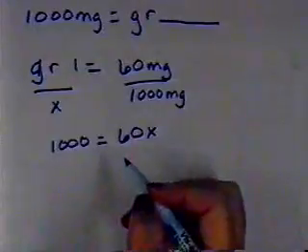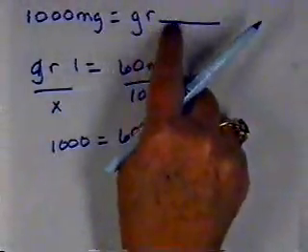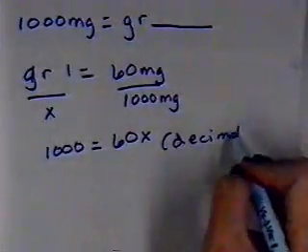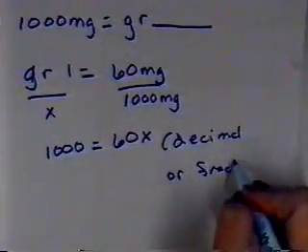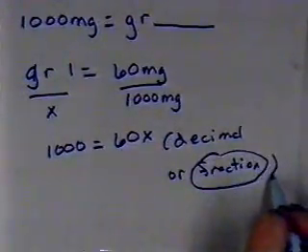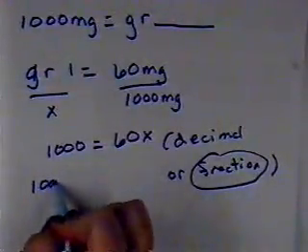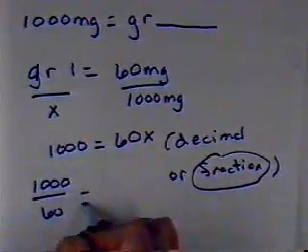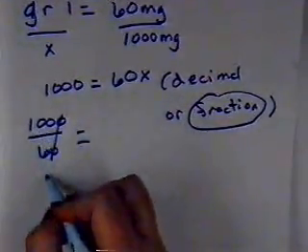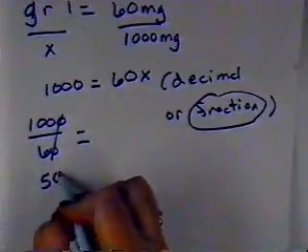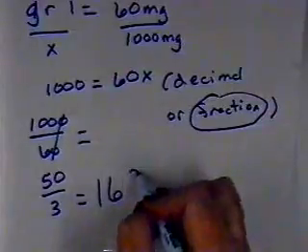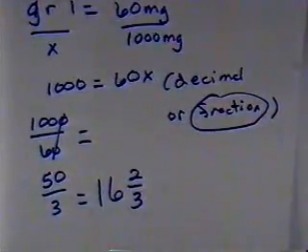When I divide by 60, I'm going to look up here and say, does my answer need to be a decimal or a fraction? Because it's apothecary, my answer needs to be a fraction, so I'm going to go 1,000 over 60. The zeros will reduce. Can reduce by 2. 3 goes in there. 16 and 2/3.